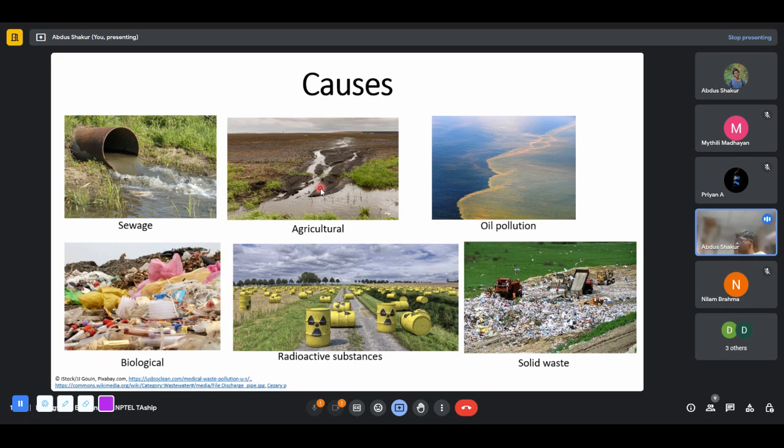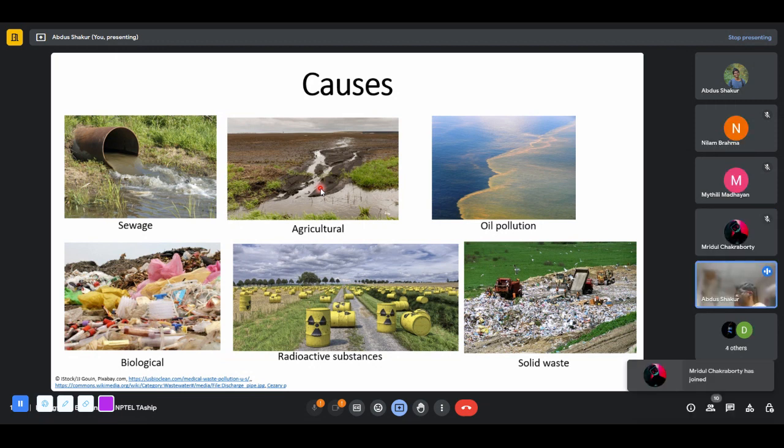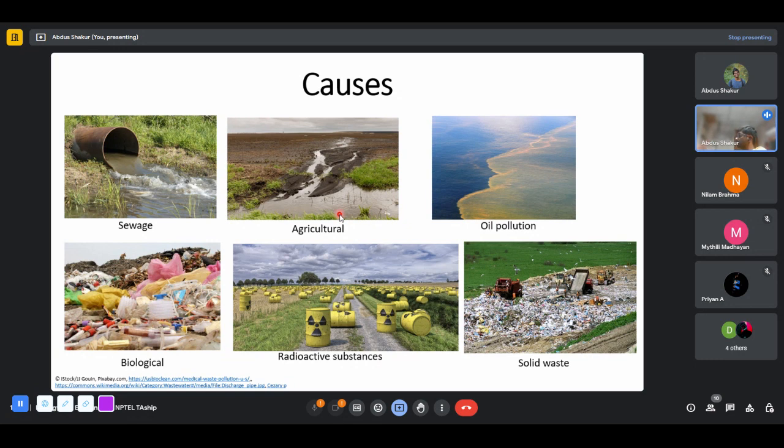Once this agricultural runoff takes all those nutrients into the water body, the nutrients that had been limiting different types of organisms let them just explode. For instance, algae. You might have heard of algal blooms, huge algal blooms that have happened. That happens because most of the time nitrogen or phosphorus is limiting in water bodies.